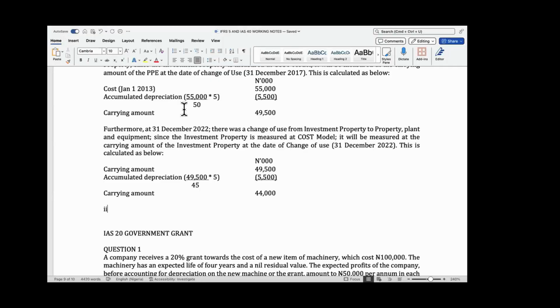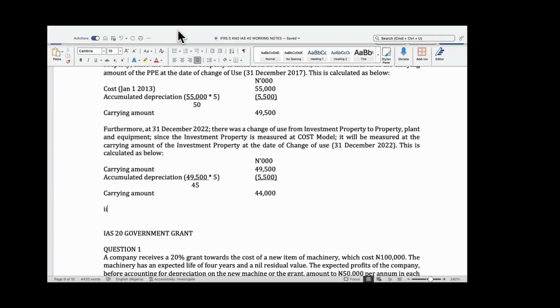The one that is measured using cost model, we usually depreciate that. So when you use cost model, it's cost minus accumulated depreciation minus accumulated impairment losses. Okay. Hello, can you hear me? Yes, sir. Thank you.